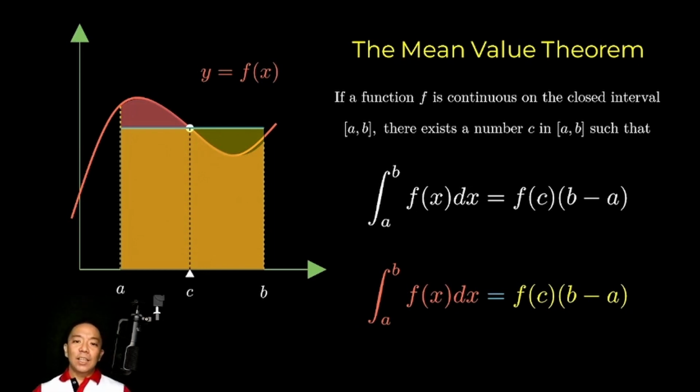So again, andun tayo sa maximum, mas malaki yung area nung rectangle hanggang sa minimum, mas maliit yung area ng rectangle. Then as we were going from the maximum to the minimum, may mahihit tayong sweet spot na value which will be equal dun sa definite integral natin.